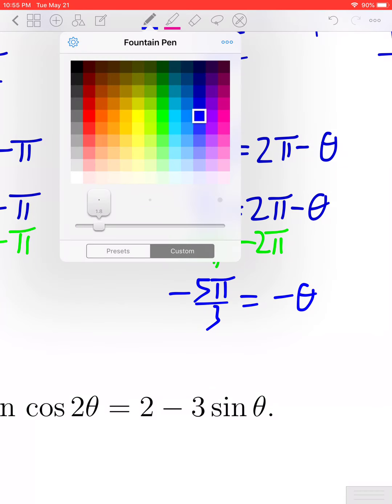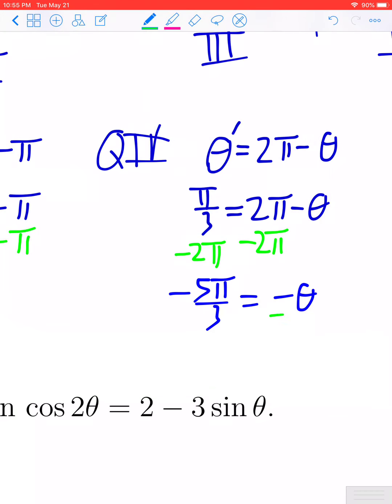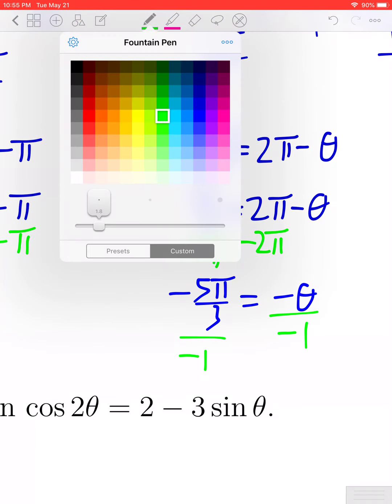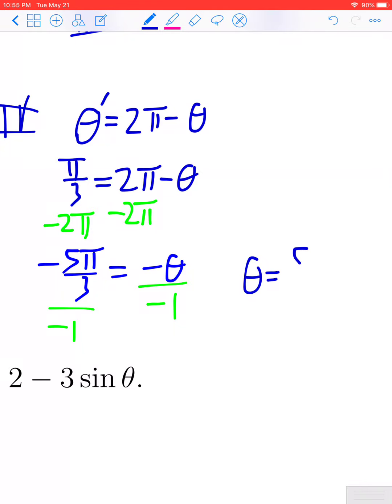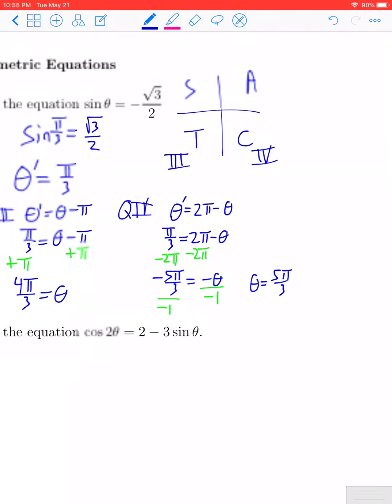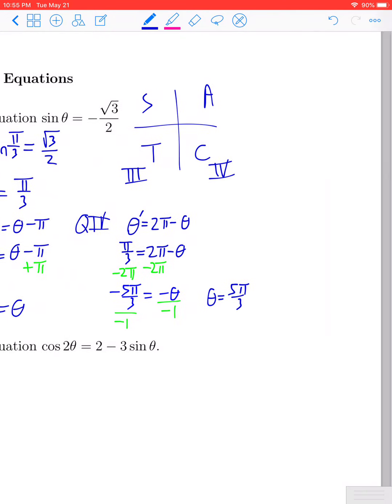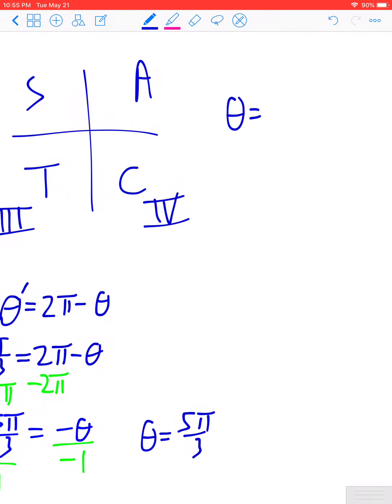And then to get theta by itself, simply divide both sides by negative 1. And that would give us that theta equals 5 pi over 3. So the two angles we found were theta equals 4 pi over 3 and theta equals 5 pi over 3.